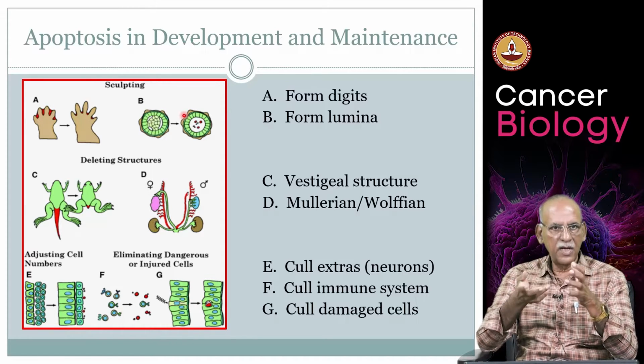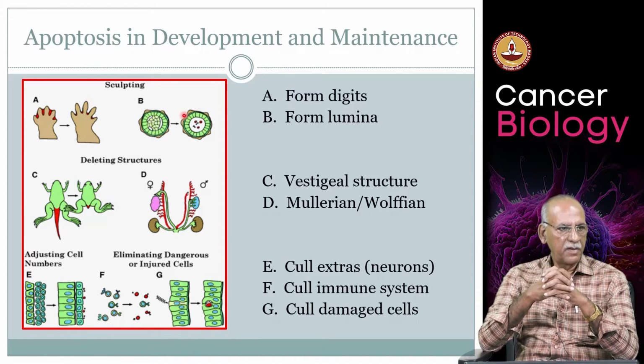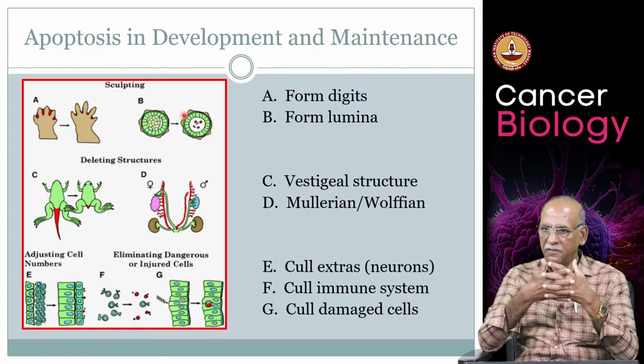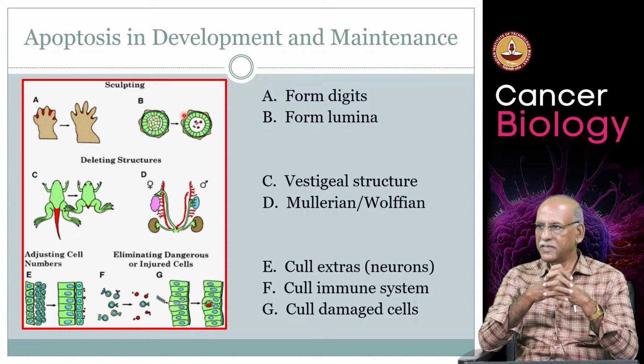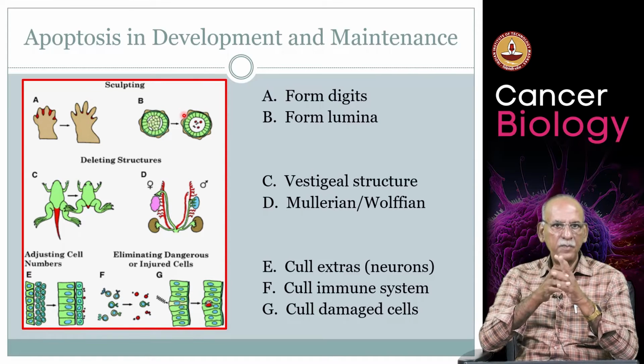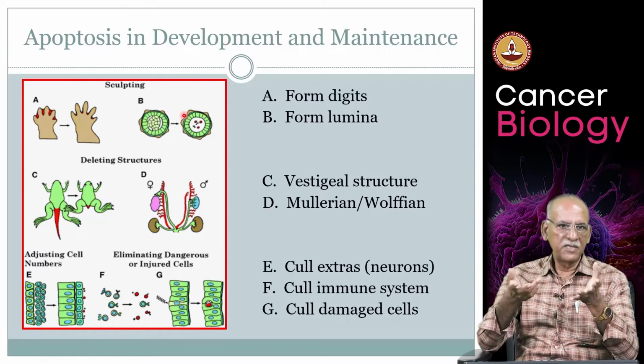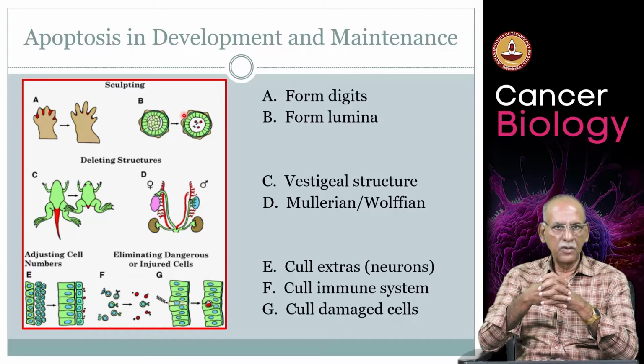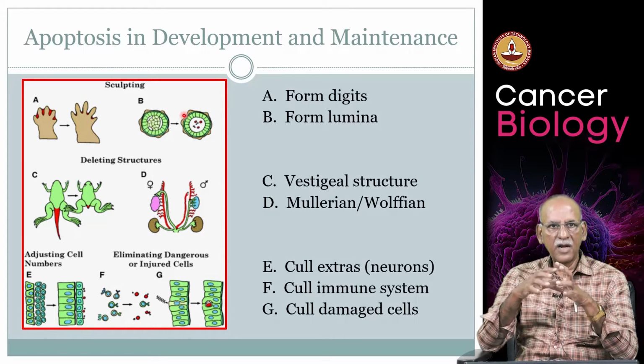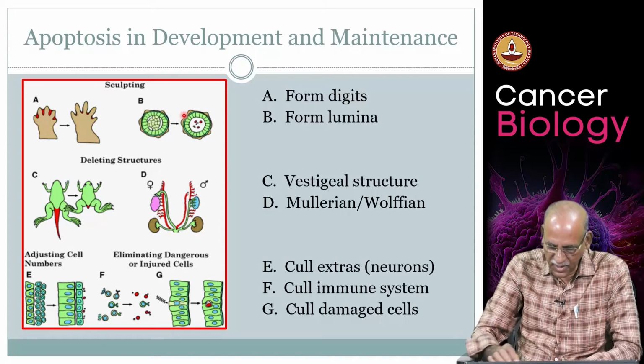That is also done through apoptosis. The story does not end there. When you have some infection also, the infected cells have to be destroyed. That also is done through apoptosis. So, that means in the immune system. So, apoptosis has several roles in our physiology. So, that is the importance.